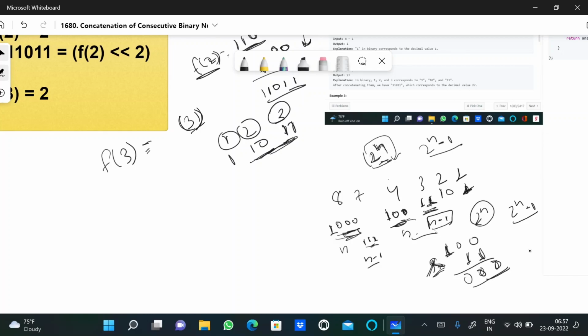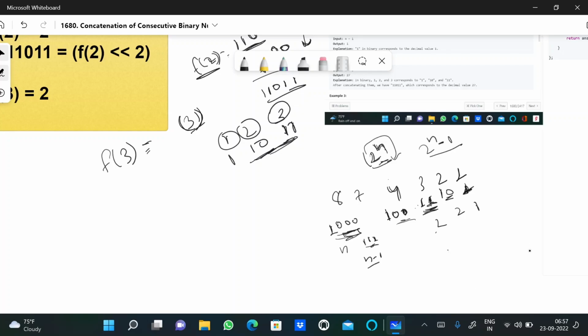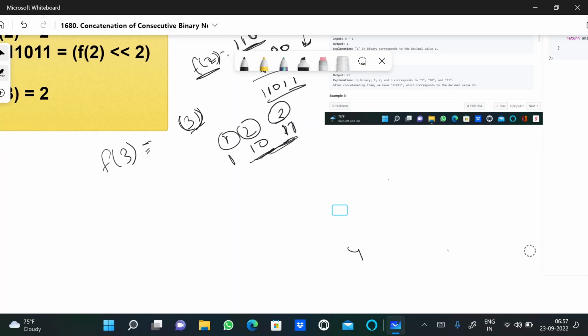Like here it is 1, here it is 2, 2, but at 2 to the power n, that is 4, the number of digits is increasing from 2 to 3, right? Here the number of digits is 4 because it is 2 to the power n. So we need to find the number of digits for doing the left shift.